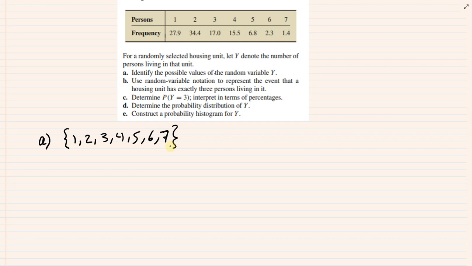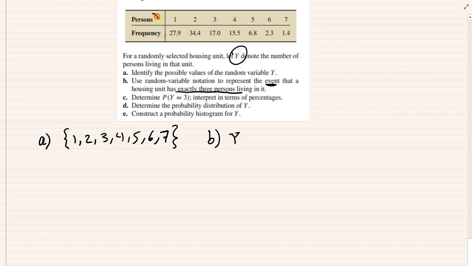In part B, use random variable notation to represent an event. See, we can represent an event, not the probability of an event, just the event itself. An event: the housing unit has exactly 3 persons living in it. So that's going to be y. Remember, the name of the random variable, capital letter, is y.